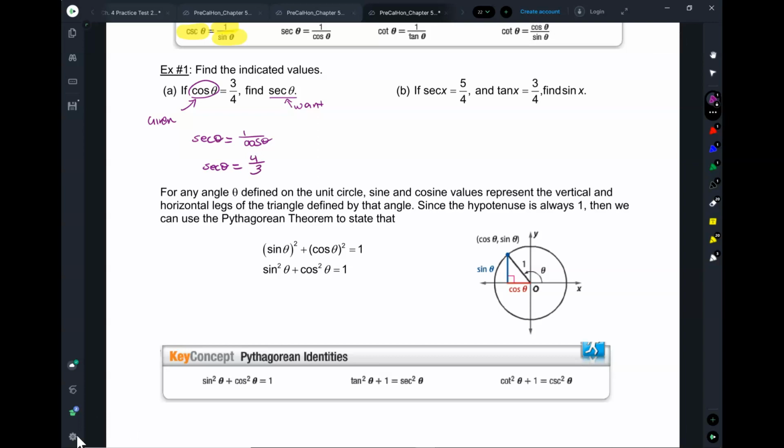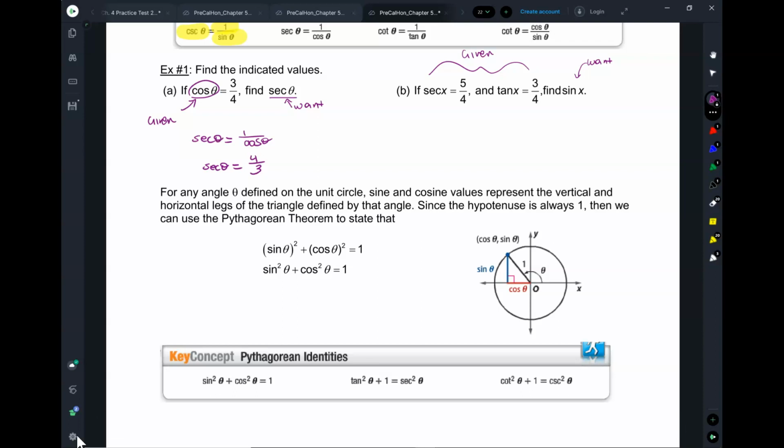Okay. Here, you have secant of x is 5 over 4, tangent is 3 over 4, find sine. So these two are the given, and you want this. Okay, so how can I relate sine to something that I have?